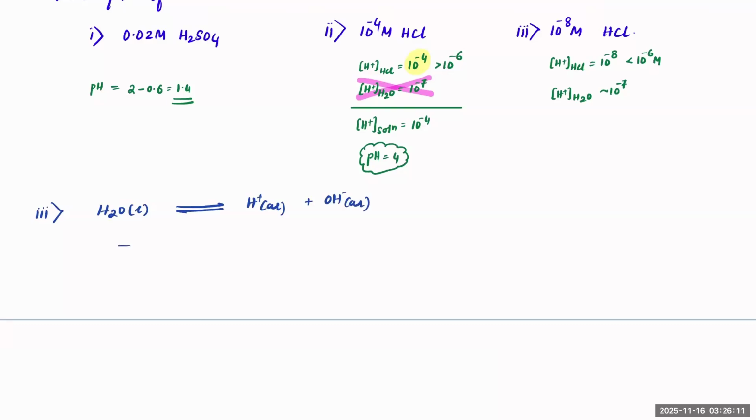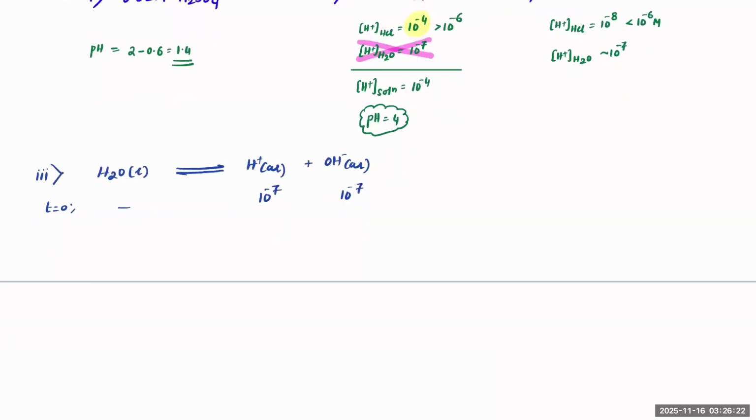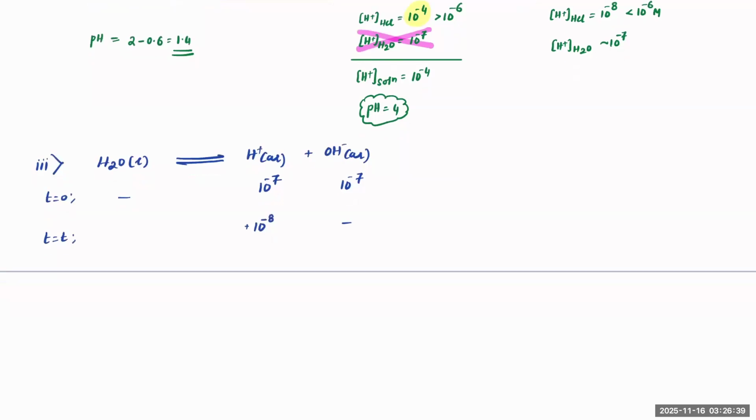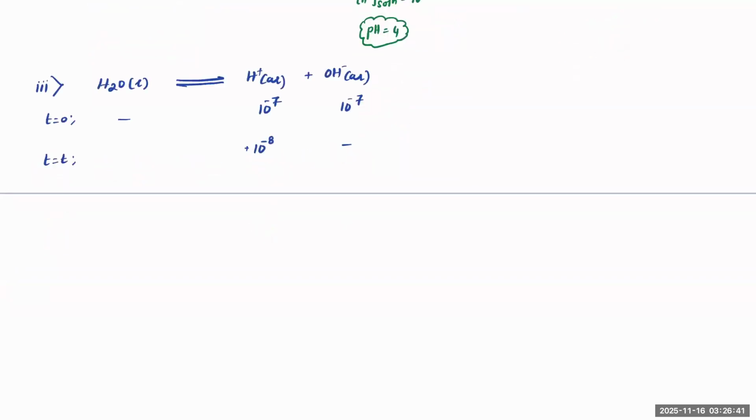Initially, you know that 10 raised to power of minus 7 and 10 raised to power of minus 7 concentration it has in this water. But then after some time t, that means you added HCl. On adding HCl, you have actually added plus 10 raised to power of minus 8 molar here. Correct?